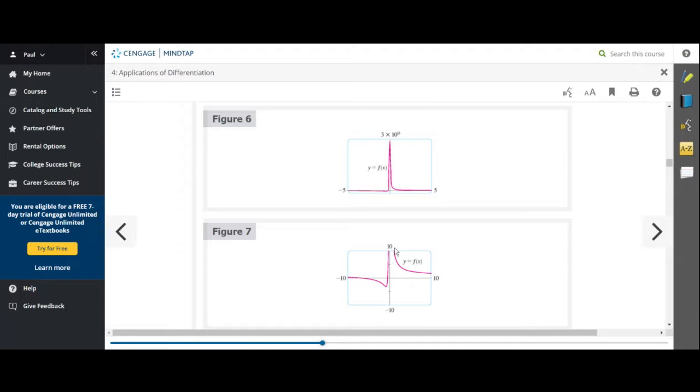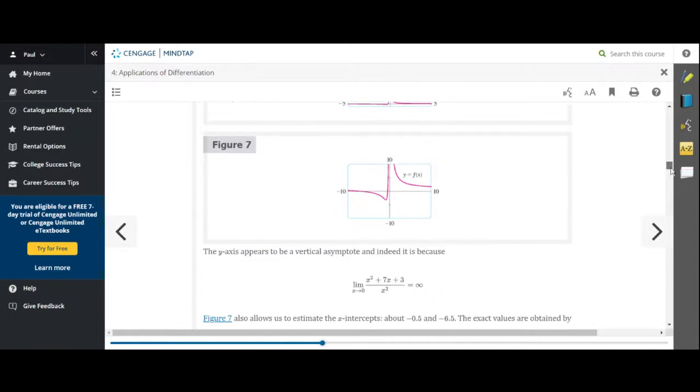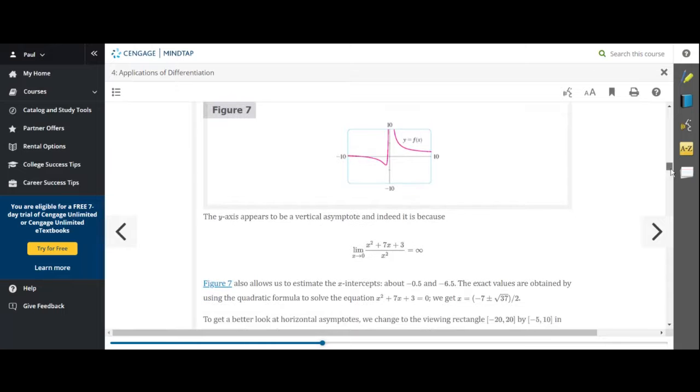And then going after x equals 0, the function appears decreasing and concave up. So, to confirm that, you can look at the graph of the first derivative, and you would be able to gather this information.